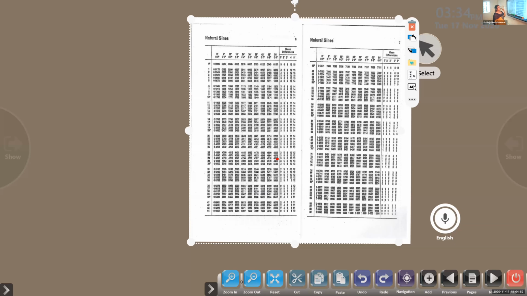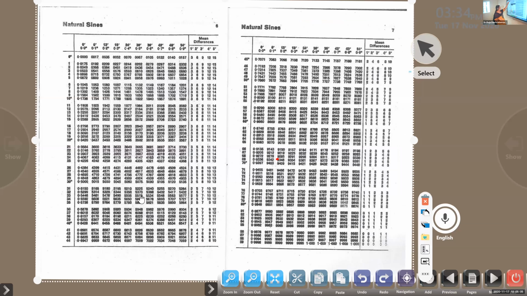Okay, children. This I have already taught you in the last session, natural science. If you want to find the value of 15 degree, look for 15 and get the value. You will get sine 15 degree corresponding to 0.2588.